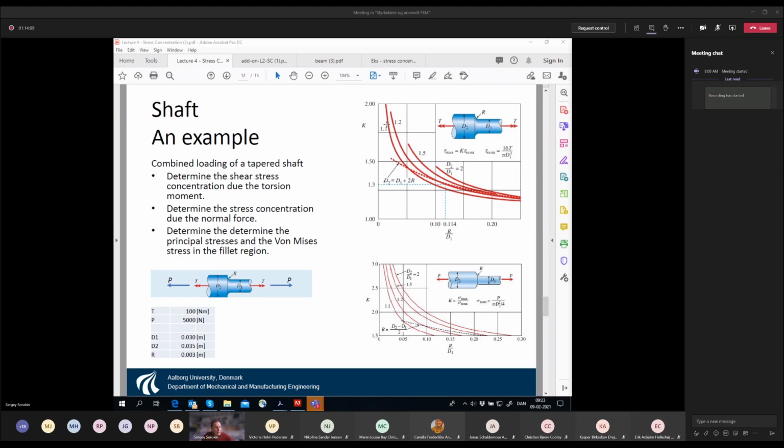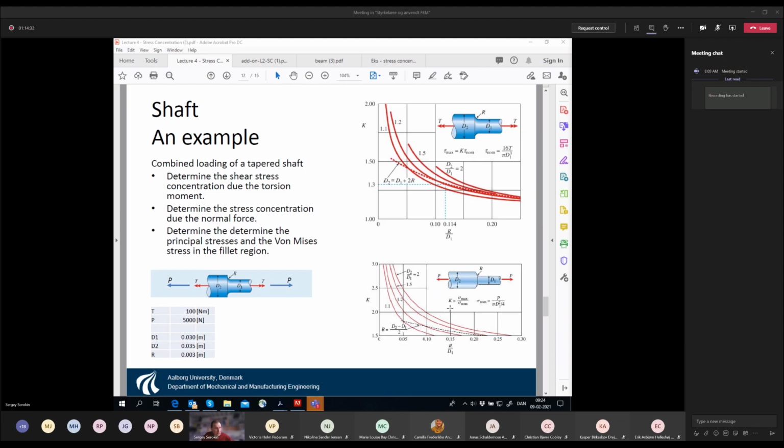We multiply the stress concentration factor with the nominal stress, and we find the maximum shear stress. Then we take separately the axial extension. We take this diagram, and we do the same.